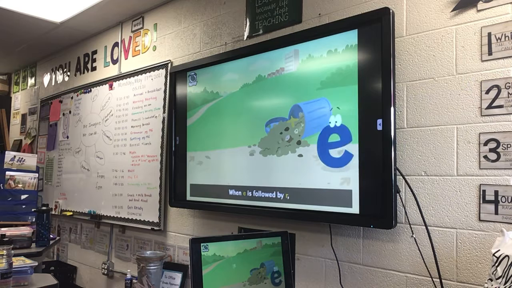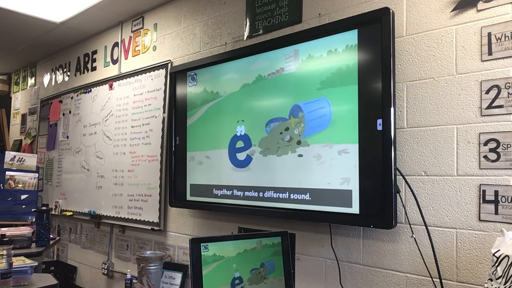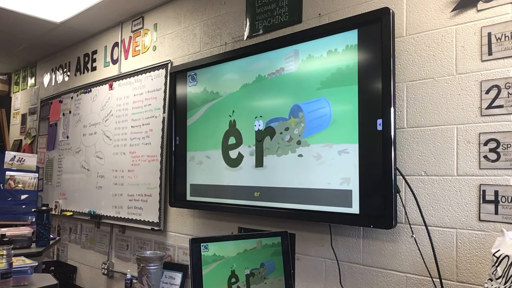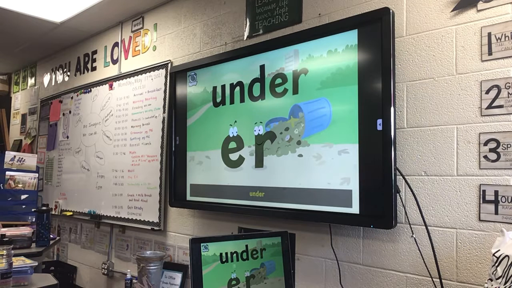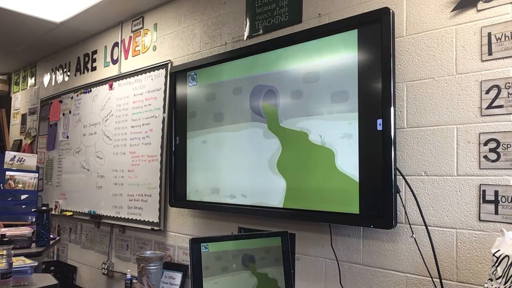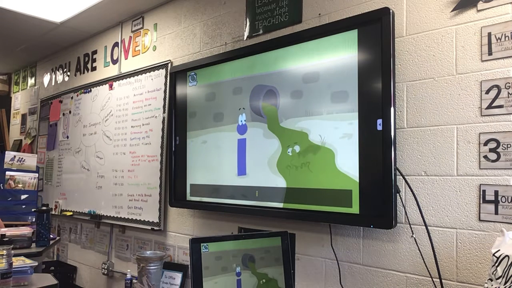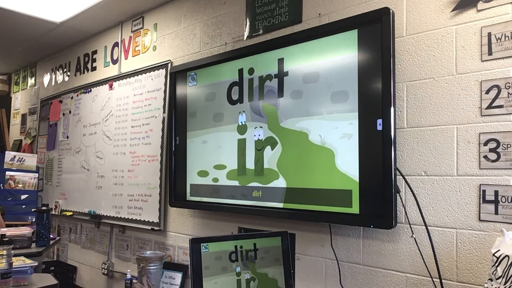The sounds of these vowels are all changed by the letter R. When E is followed by R, together they make a different sound. Under. The same thing happens to I. Dirt.